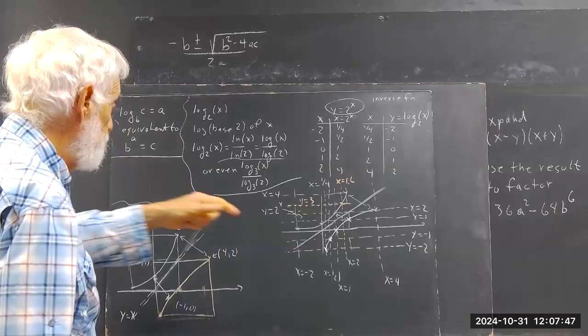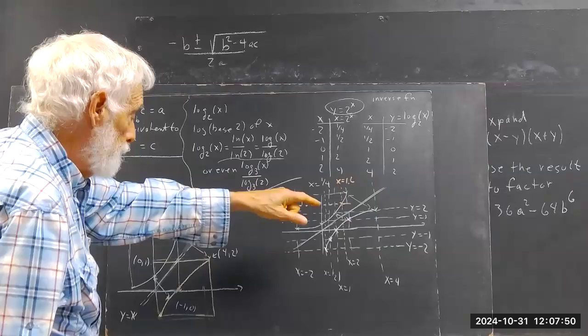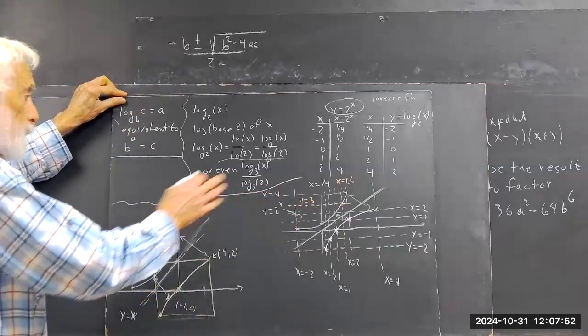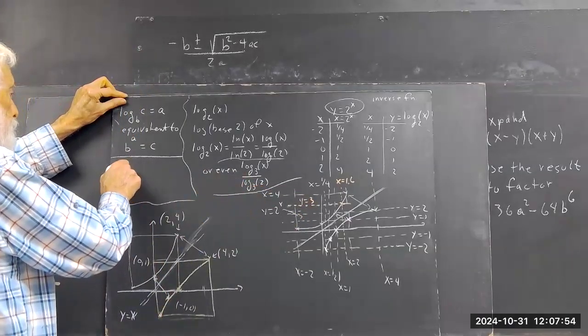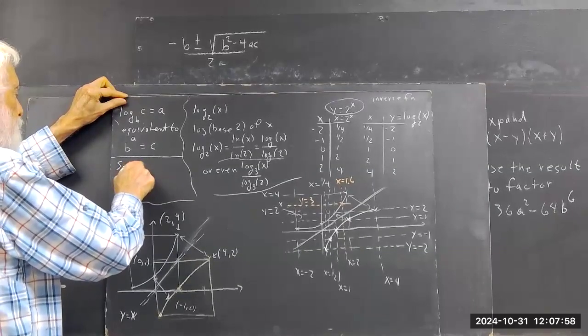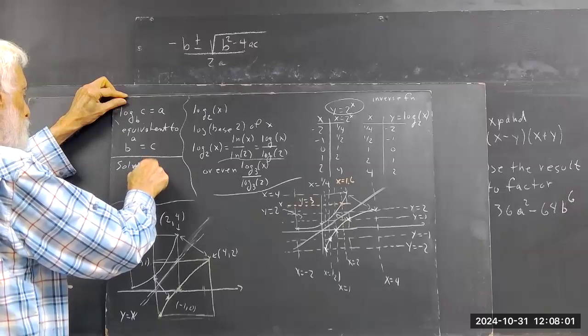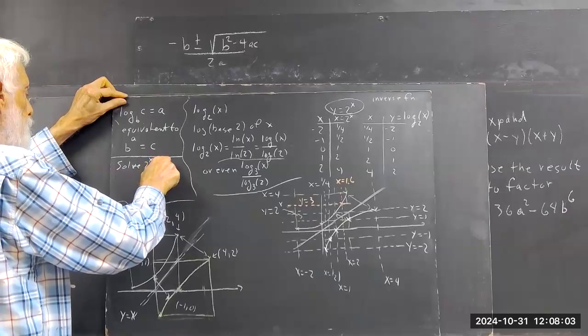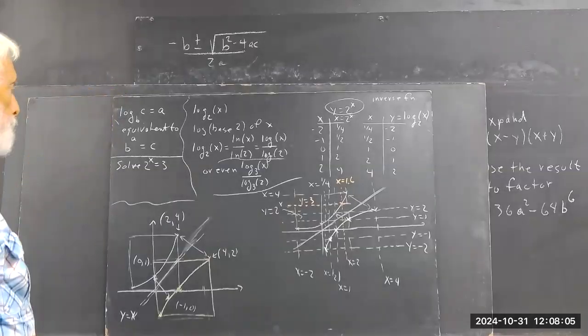Okay, so estimating y equals 3 on the 2 to the x graph, we can now solve 2 to the x equals 3.